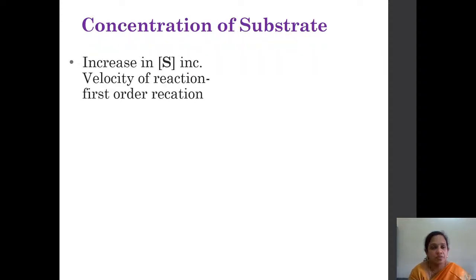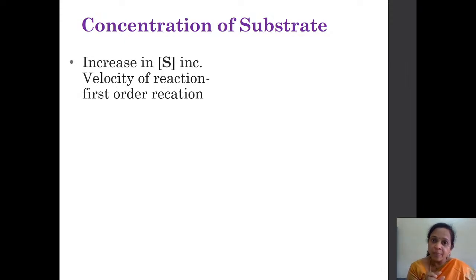Next is concentration of the substrate. If the substrate is more, the velocity of the reaction will increase. Here you have to understand first order and second order reactions. First, try to understand this. A limited amount of substrate will be present. The substrate will combine with the enzyme.